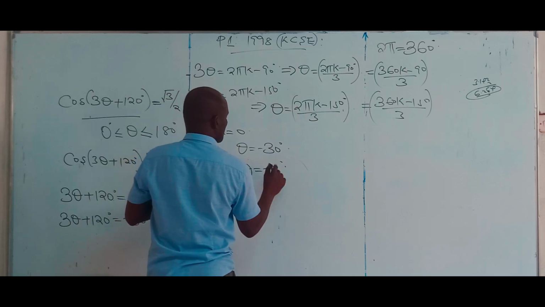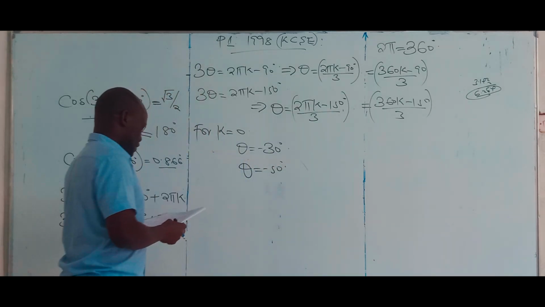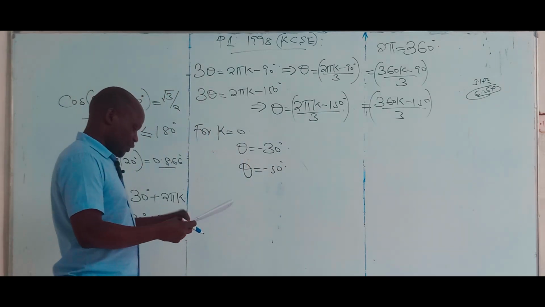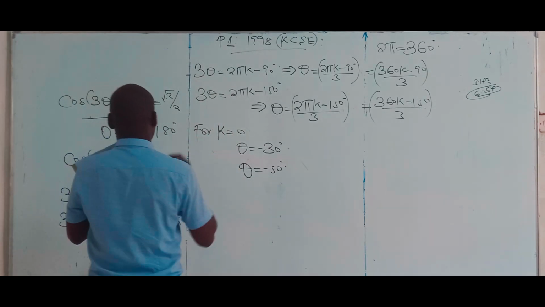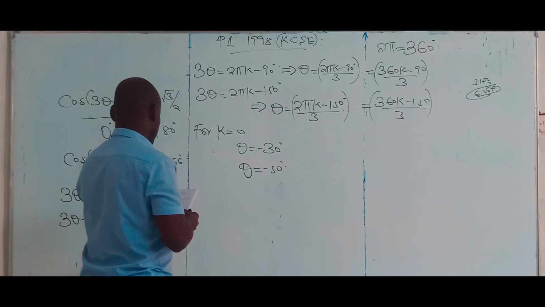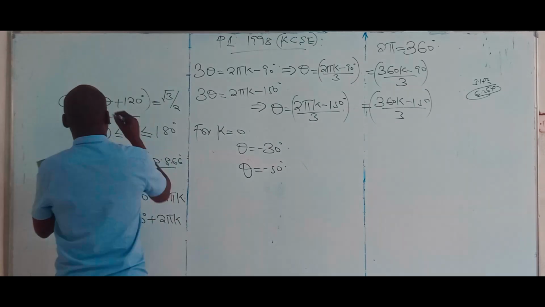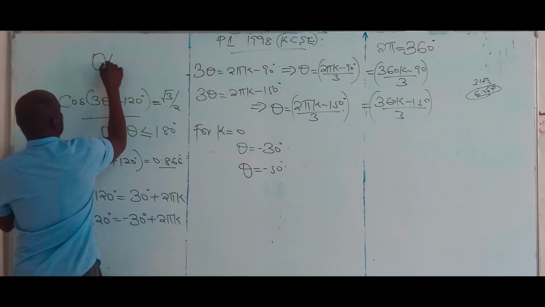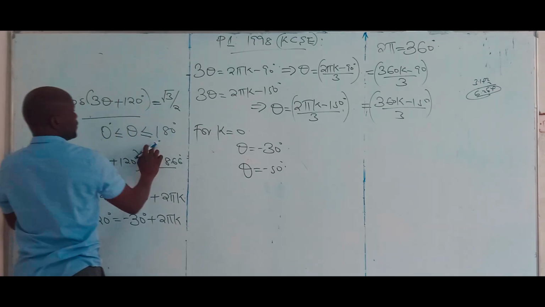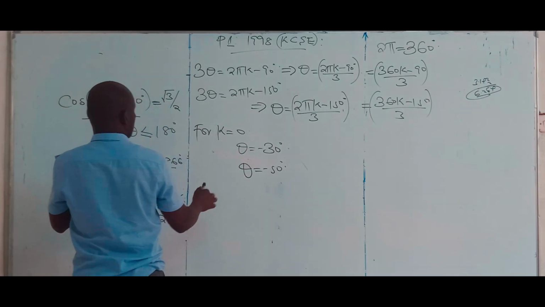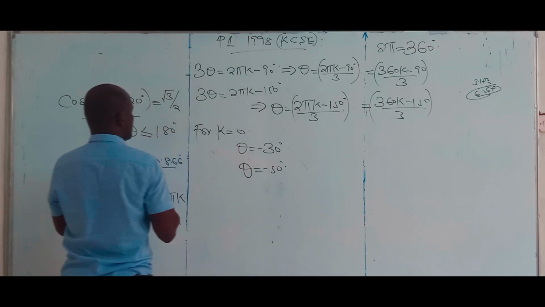So for k being 0, we have minus 30 and minus 50 degrees. The limit we are given is between 0 and 180 degrees, so none of these meets our criteria.